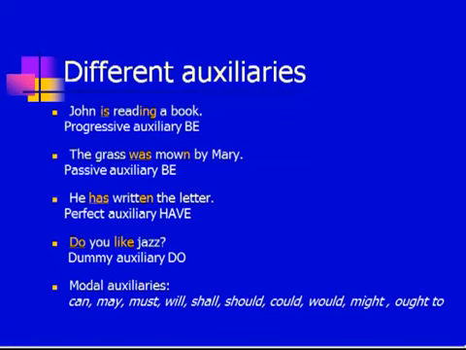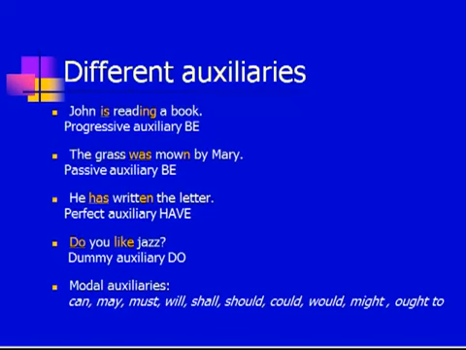You've got progressive auxiliary be, as in John is reading a book. You've got passive auxiliary be. The grass was mown by Mary. Although it's the same form be, they are actually 2 different words, different lexical items in your mental lexicon.